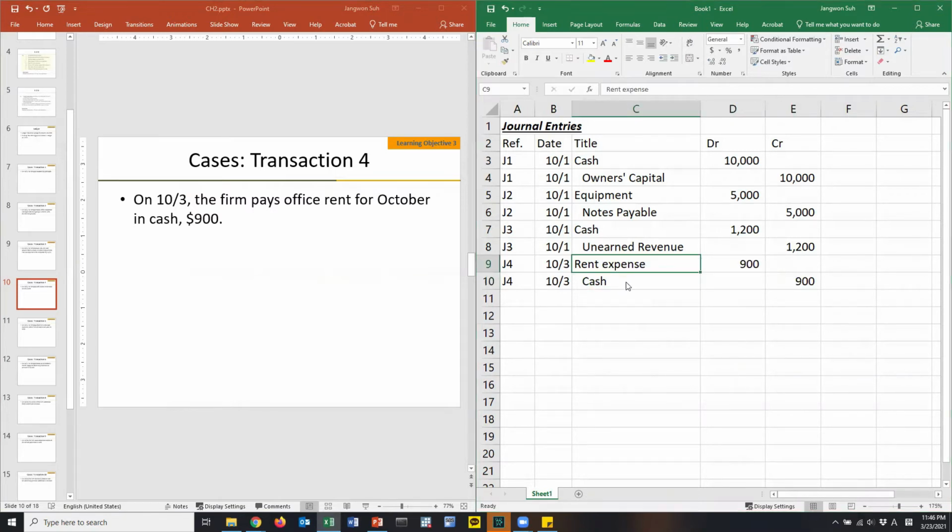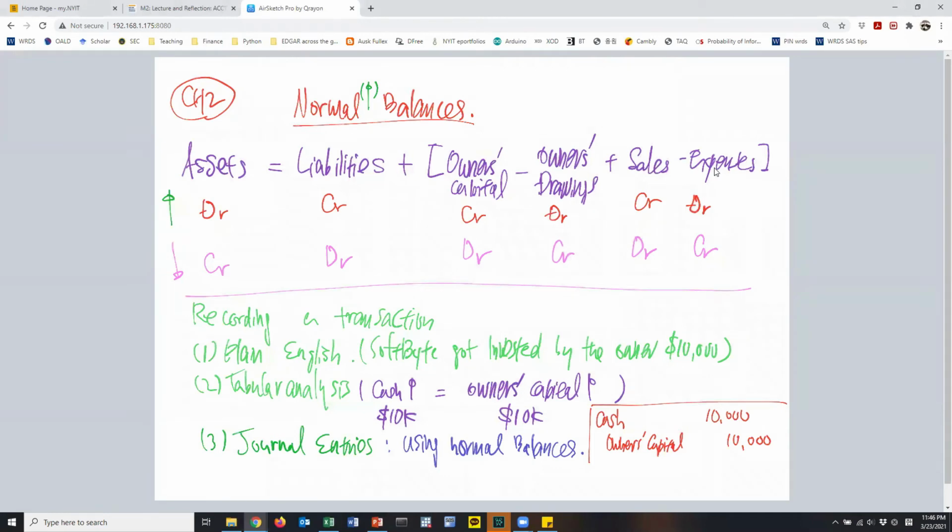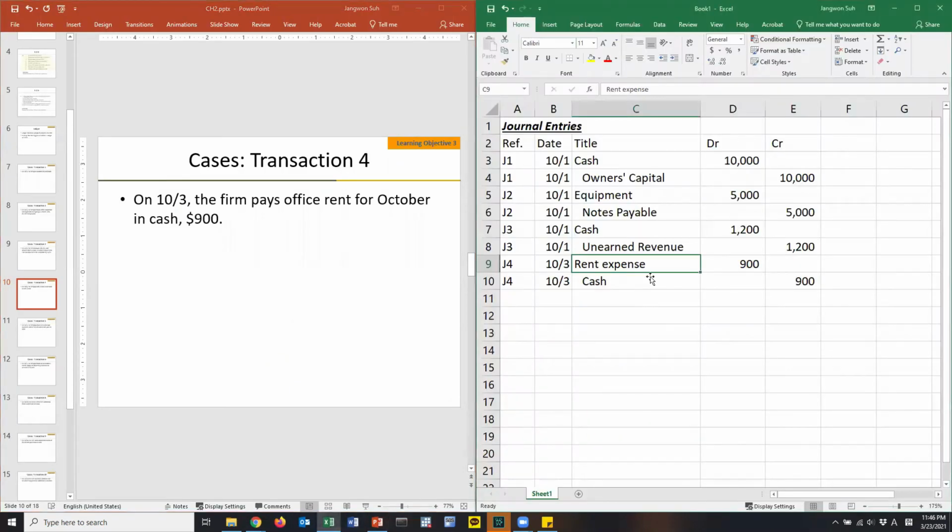Rent expense? Where is it? Expense. When expense is increasing, it should be debited, right? Rent expense increase should be debited. So that's the reason why we debited.